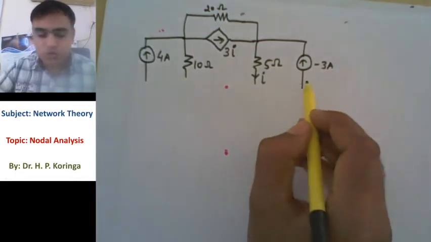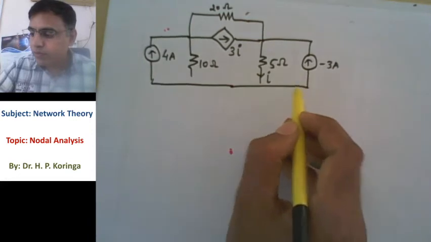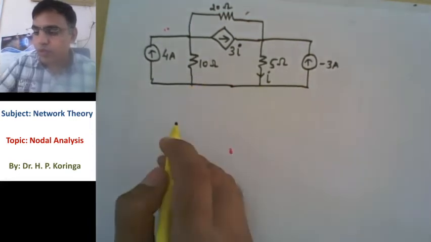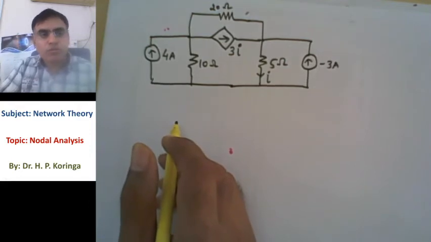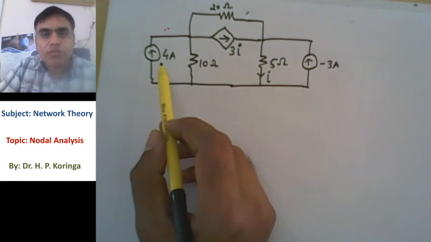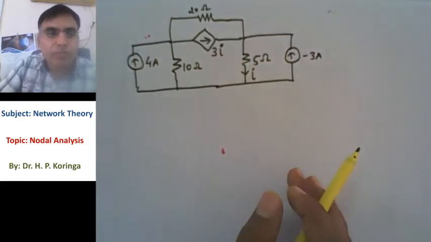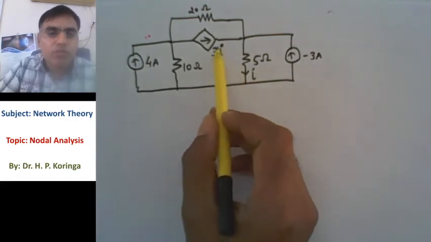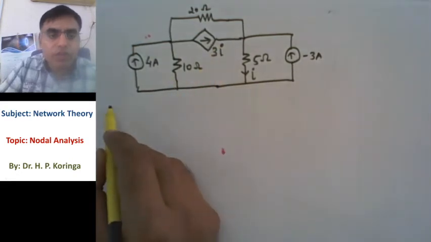And this current source value is minus 3 ampere. So this network has both types of sources: independent sources 4 ampere and minus 3 ampere, and also a dependent source, the current dependent current source.